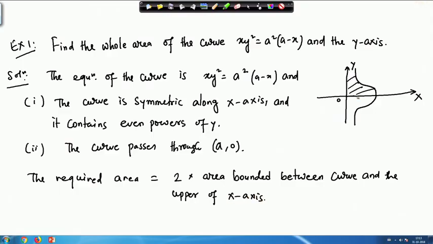So this is this area, basically. That's the area bounded between this curve and the upper half of the x axis, and we can calculate this one in the following way.